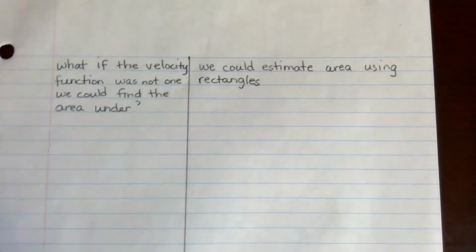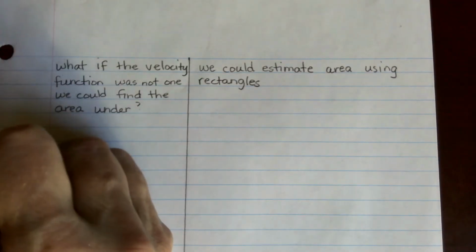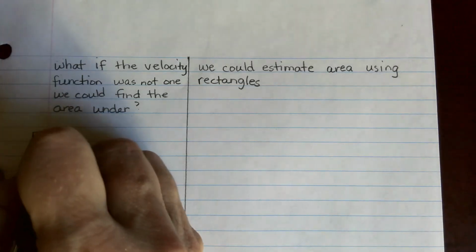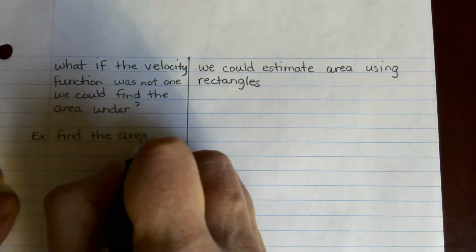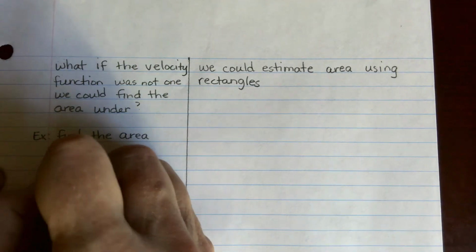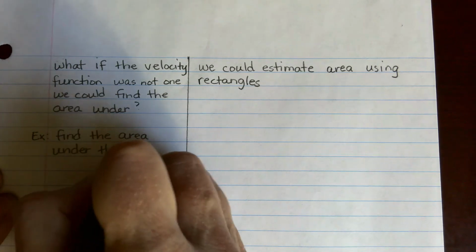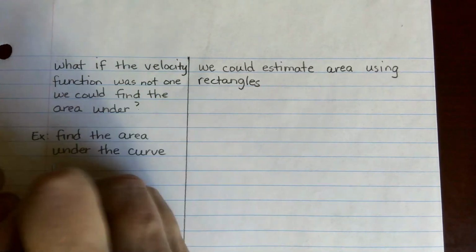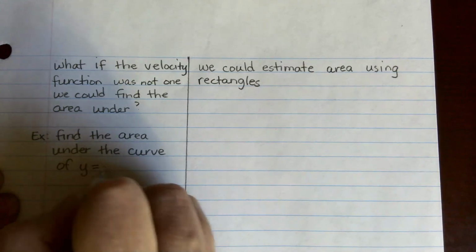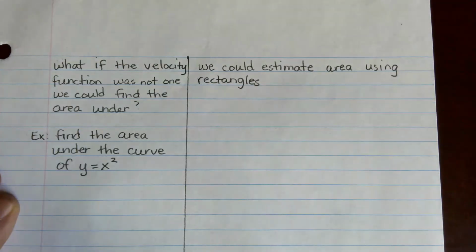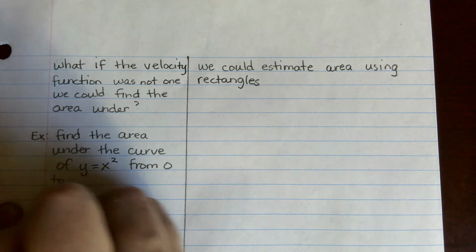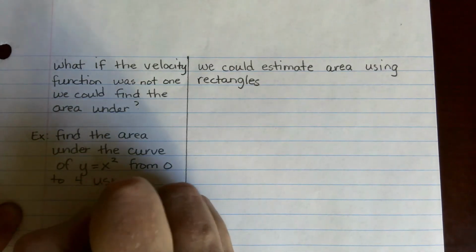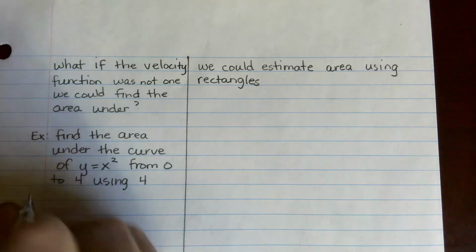Let's look at an example. Let's say I want you to find the area under the curve of y equals x squared from 0 to 4 using 4 rectangles.